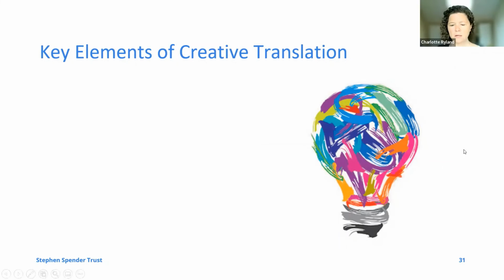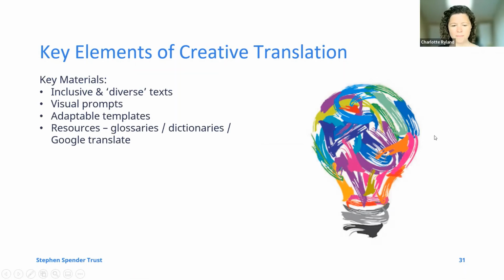Okay, final part of my talk now. I'm just going to summarize some of the things that I've said about creative translation, why we do it, how it works, why it works. Firstly, looking at the key materials, hopefully I've shown that you can do this kind of activity with any text.